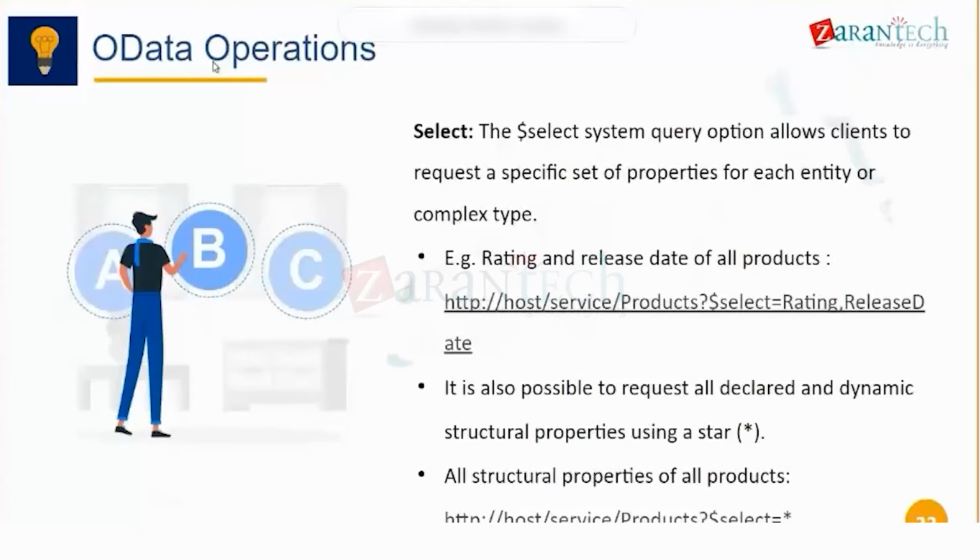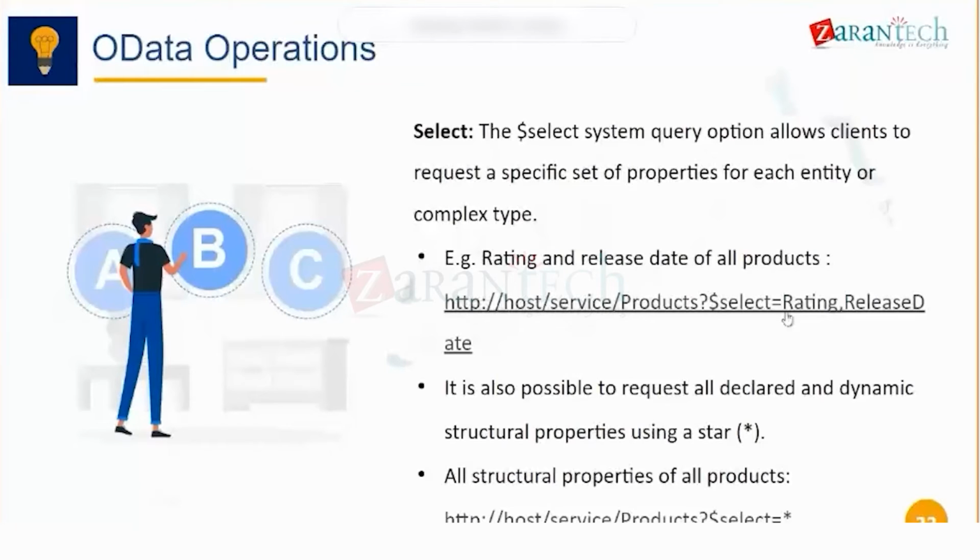And operations, select operation. Next, the select system query option allows the clients to request a specific set of properties for each entity type and complex type. For example, rating and release date of our products.